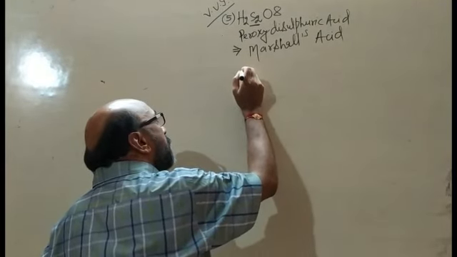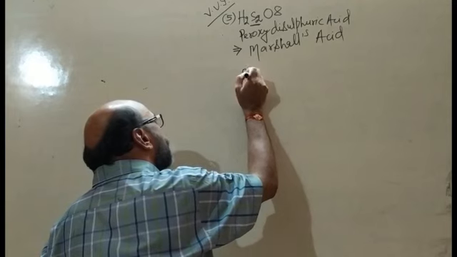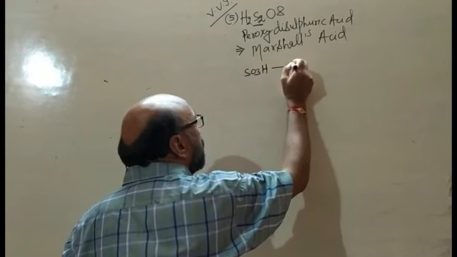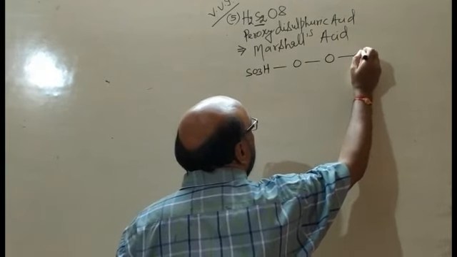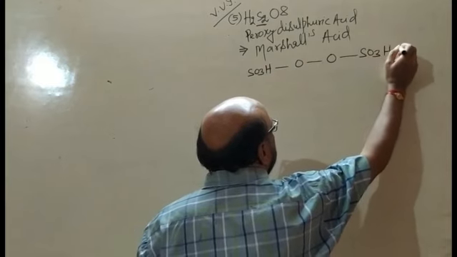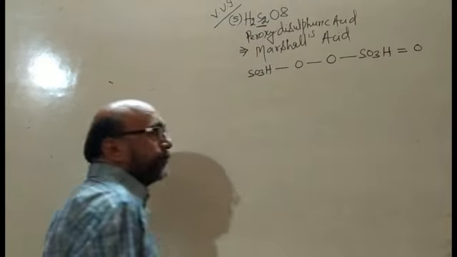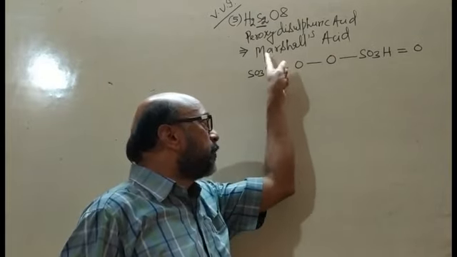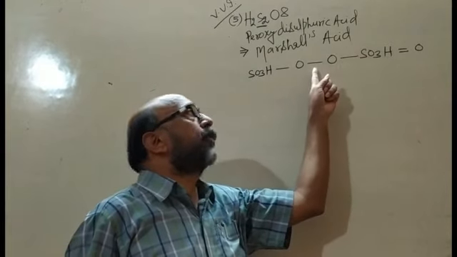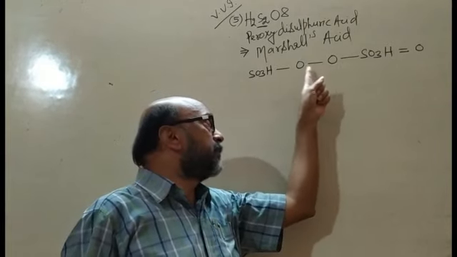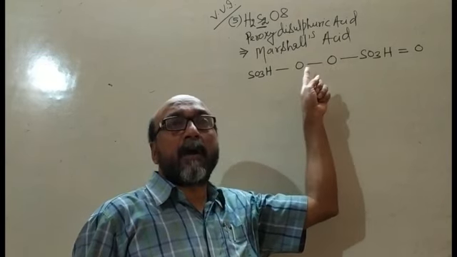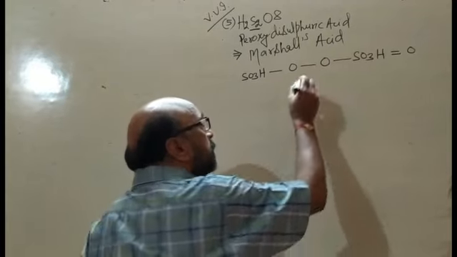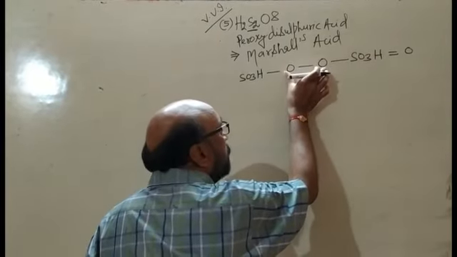Now you used to write the structure of this compound: SO3H, single bond O, single bond O, SO3H. Means two sulfonic groups. Here, two sulfonic groups are linked with oxygen atoms, which are linked by a peroxide bond. So this is a peroxide bond. One peroxide bond is there.